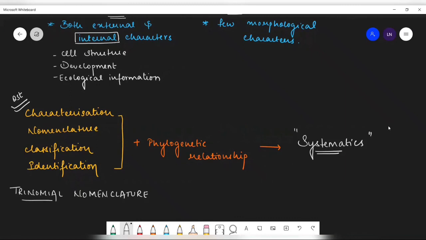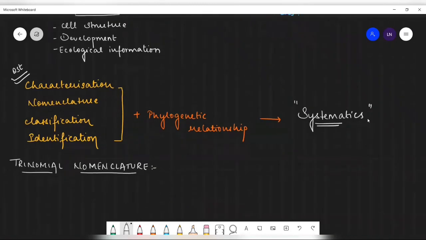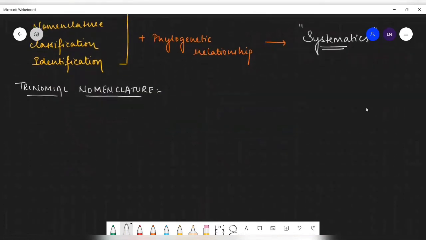Now, the next concept is trinomial nomenclature. In trinomial nomenclature, only one thing is added, that is subspecies. So what does trinomial nomenclature include? It includes genus, species, and subspecies.